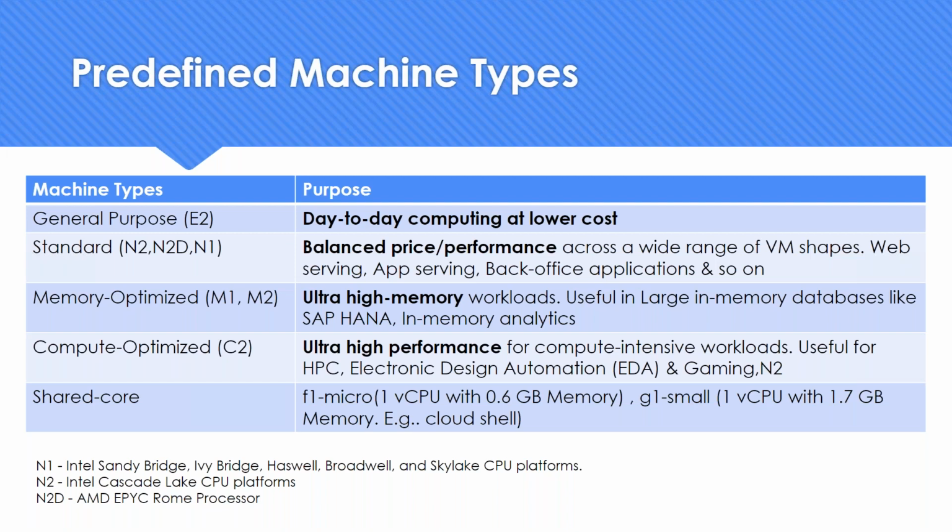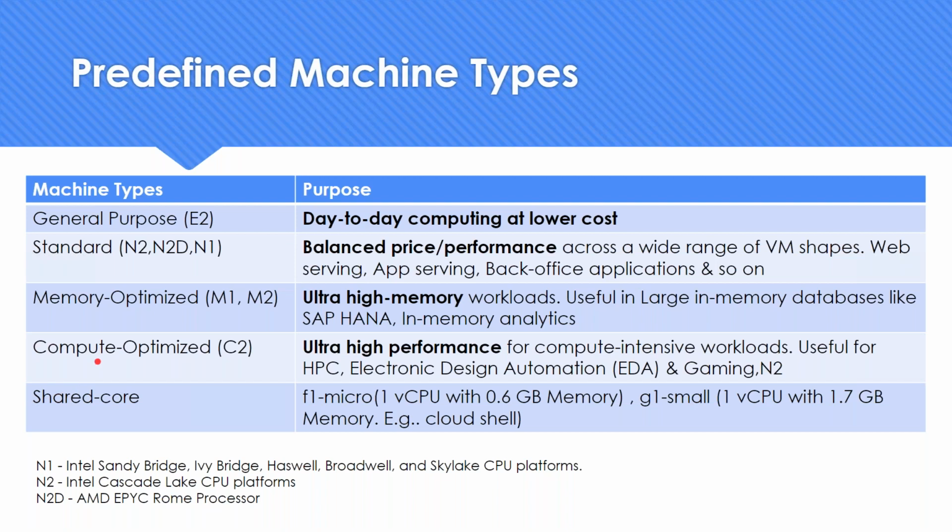If you work in the healthcare industry or life sciences, where you do DNA or RNA sequencing, you definitely need a good amount of memory. This kind of series is going to be helpful. M for memory optimized.